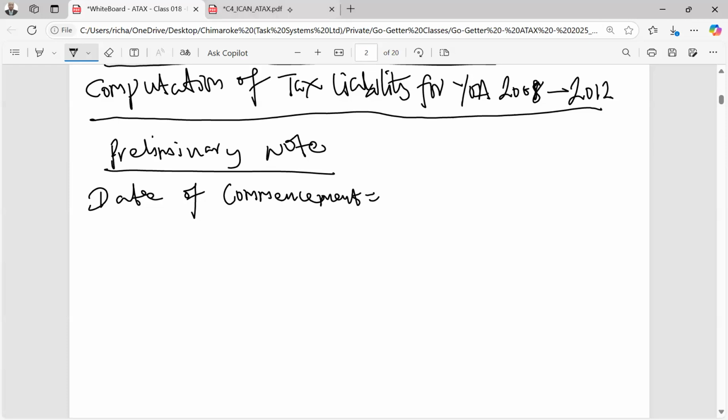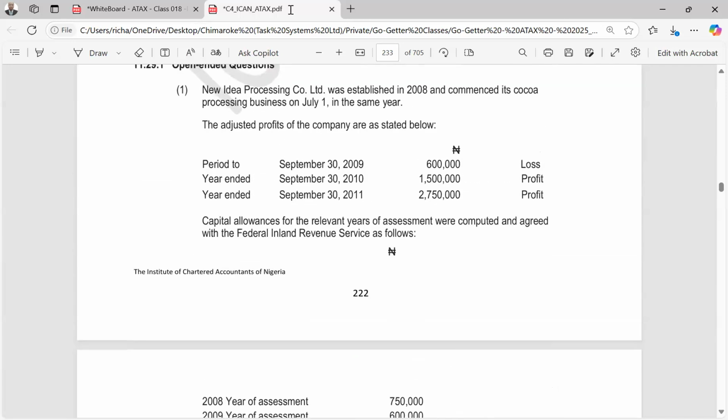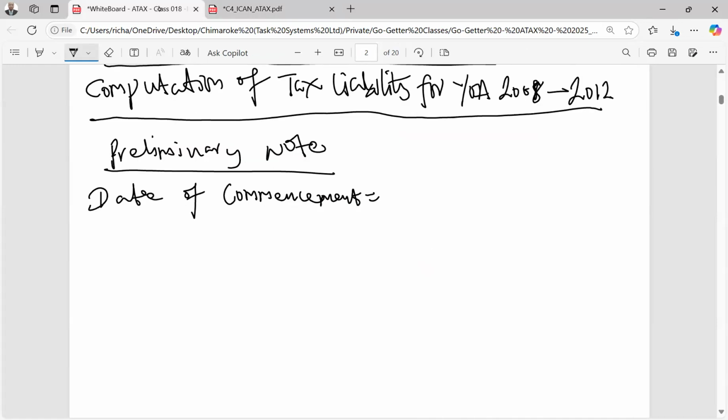What's the date of commencement here? We are told the business commenced on July 1, 2008. So I will say this is July 1, 2008.